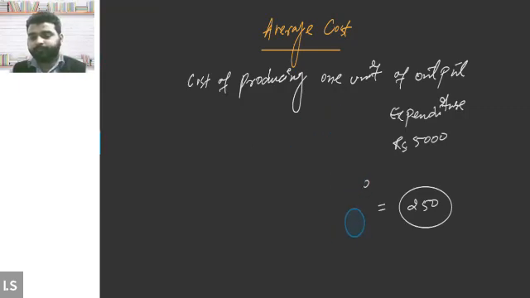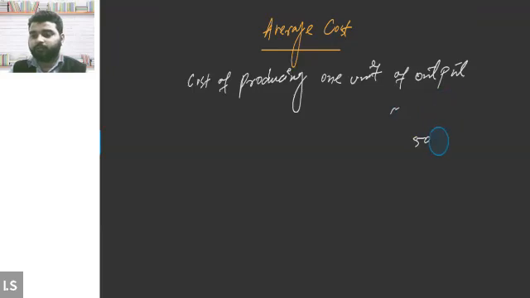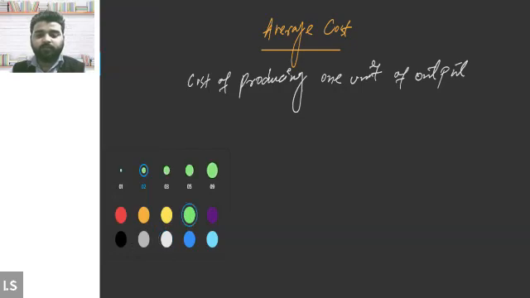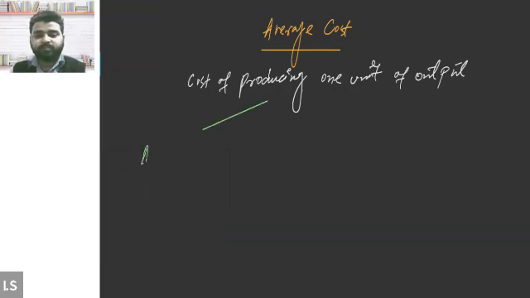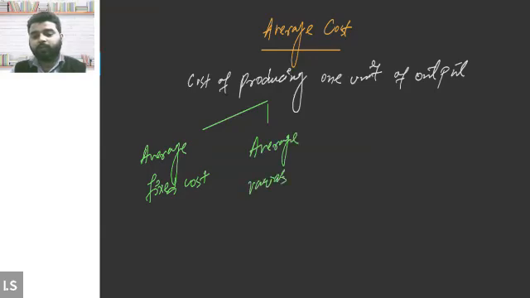Okay, now see, average cost can be further categorized into 3 parts. There are three types of average cost. Number one, average fixed cost, or it can be categorized as average variable cost, and either it can be categorized as average total cost.